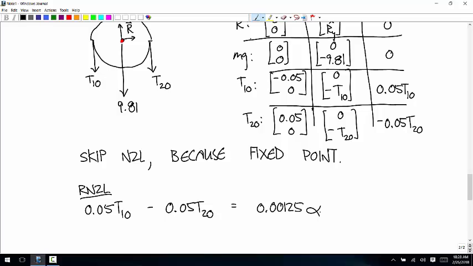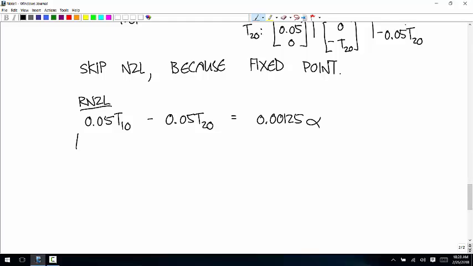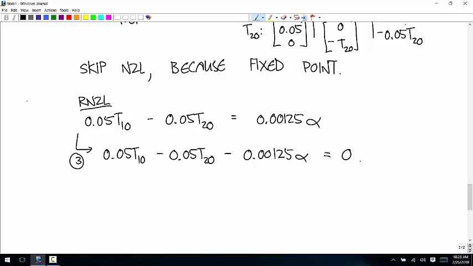Okay, so we can rewrite that as 0.05 T10 minus 0.05 T20 minus 0.00125 alpha equals 0. Call that equation 3.